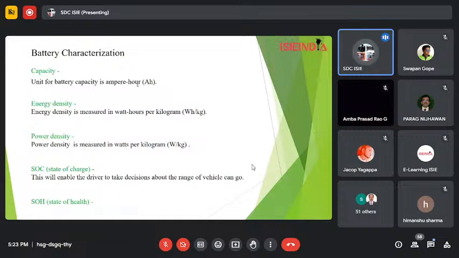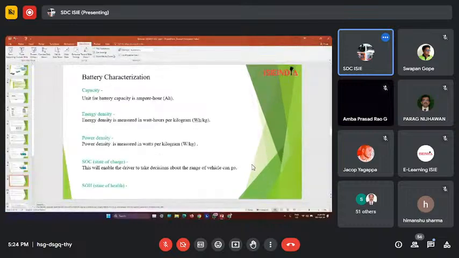I am having one cell of 5 ampere hour, its voltage is 3 volt, and its weight is 100 grams. So how much energy can I store inside 1 kilogram of battery pack? Are you getting my point?